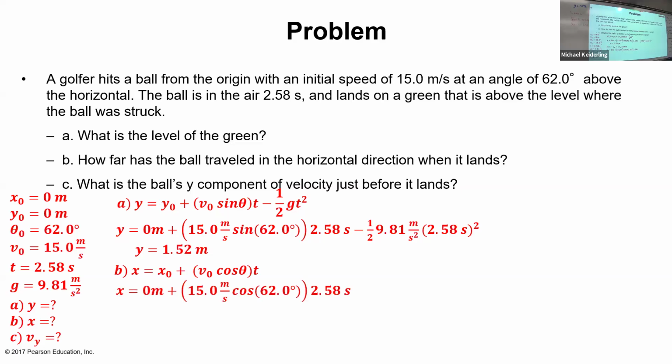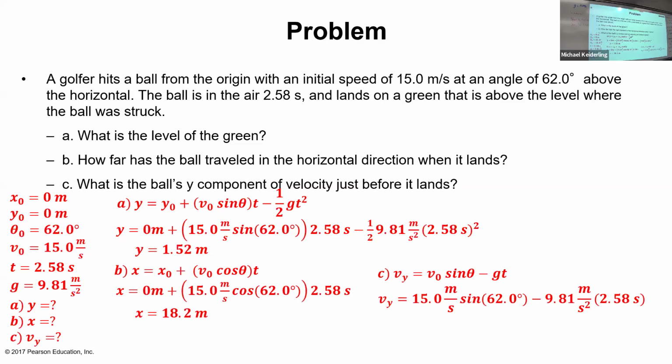So x is 0 meters plus 15 meters per second times cosine of 62 degrees times 2.58 seconds, which is 18.2 meters. And then finally, Vy is v naught sine theta minus gt. So 15 meters per second times sine of 62 degrees minus 9.81 meters per second squared times 2.58 seconds. So our velocity in the y direction is negative 12.1 meters per second. Coming down quite fast.